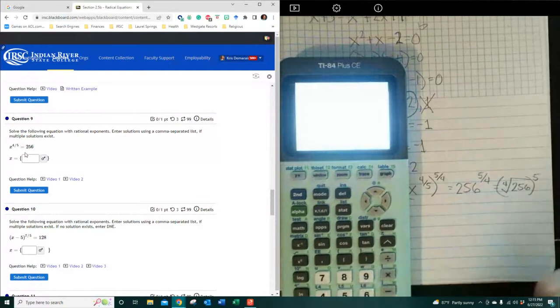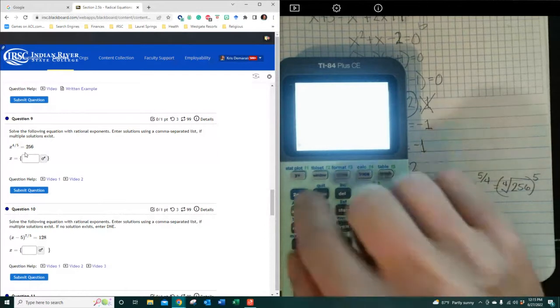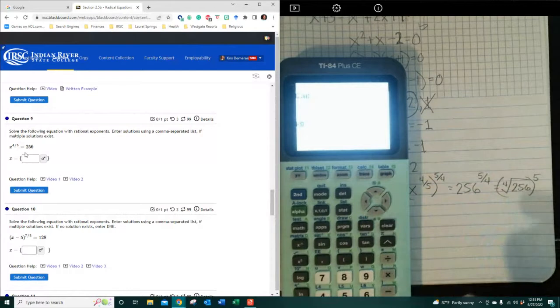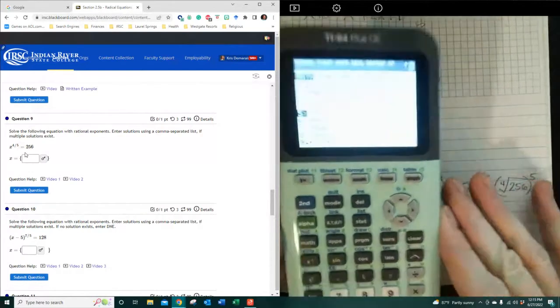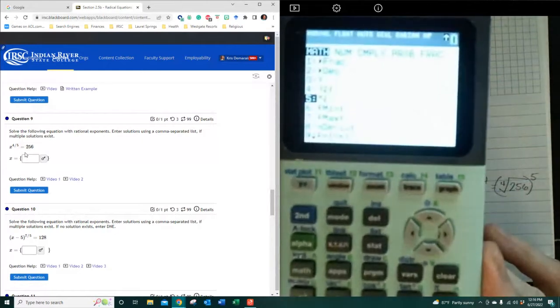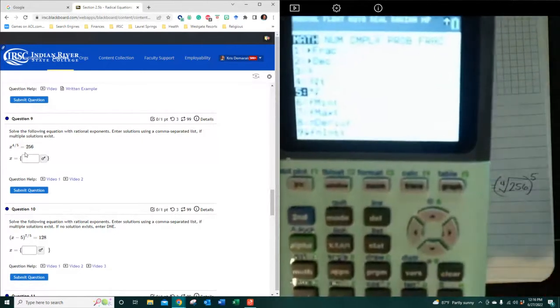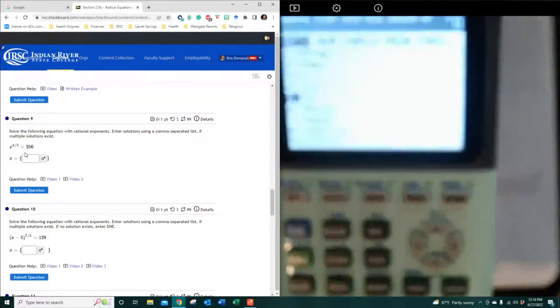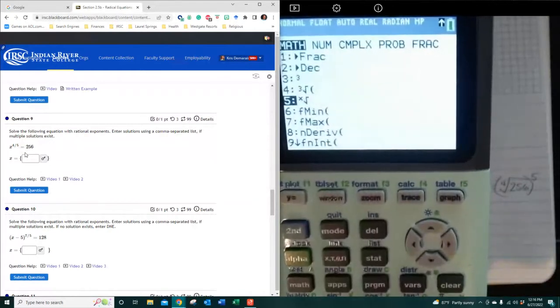Now we're going to use our calculators and simply take the fourth root of 256. With this particular calculator, I can hit math and see where it says x radical sign.